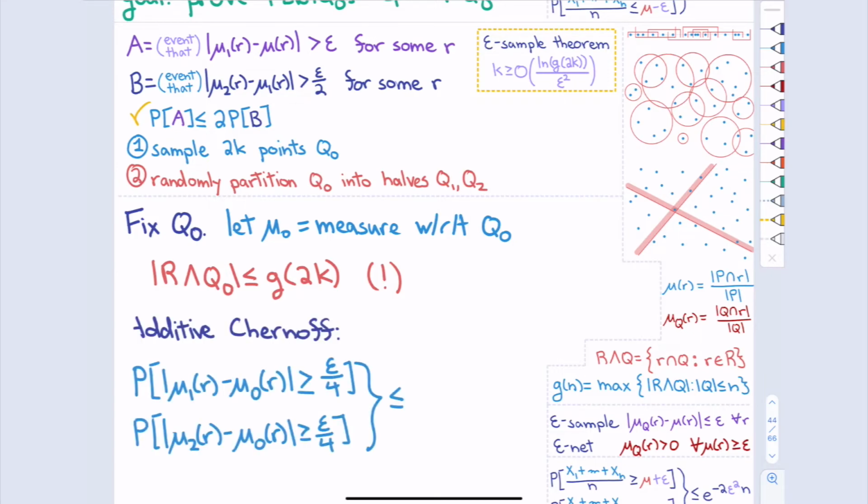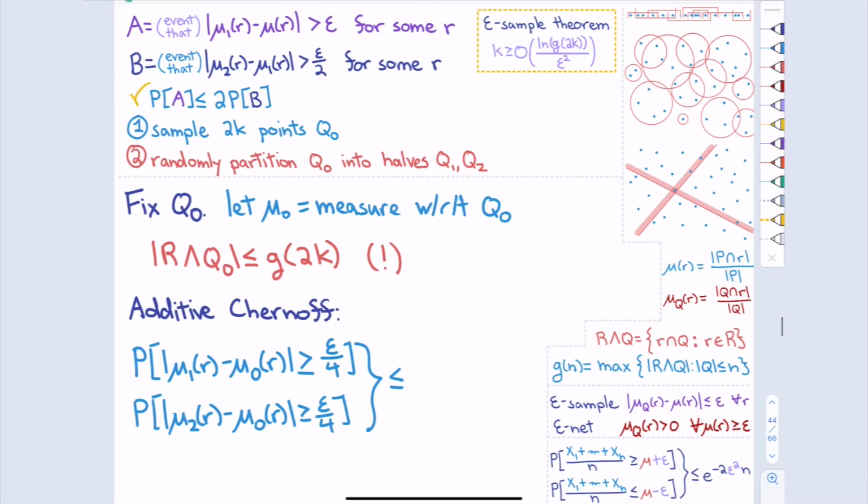Now, if you can still see this, we did some log of G2K for a reason, over epsilon squared. So let's look at this event. I'm only worried right now about mu0. I'm not worried about the original mu.